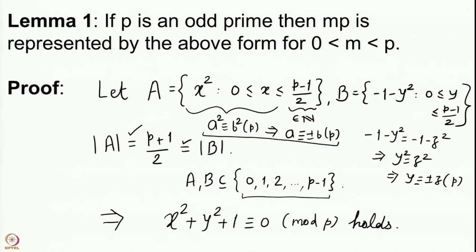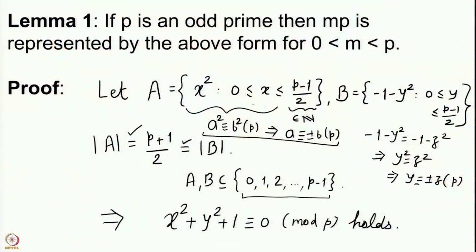So, we have proved that if you just treat x and y as variables and you consider the equation x square plus y square plus 1 congruent to 0 mod p, then this equation has a solution over Z by pZ, over the set of all congruence classes modulo p. We have produced one solution for this.